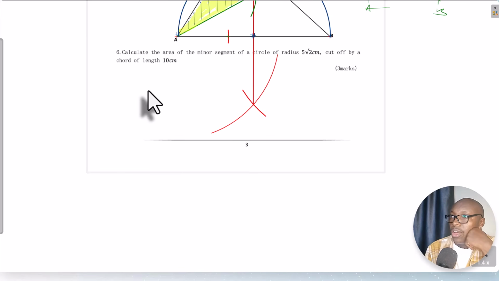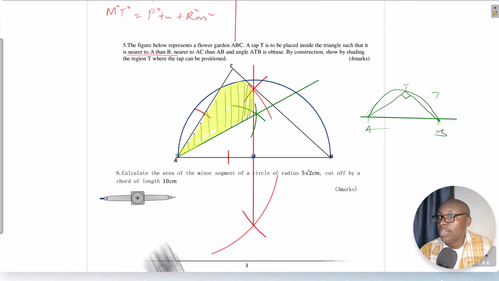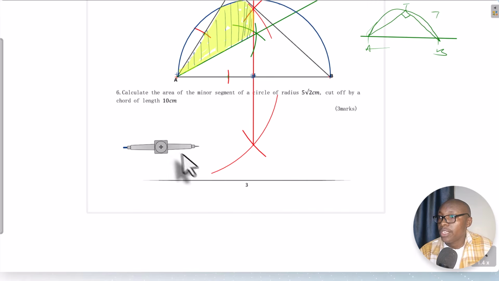Calculate the area of the minor segment of a circle of radius 5√2 cut off by a chord of length 10 centimeters. So let me draw that. It is good to sketch that.